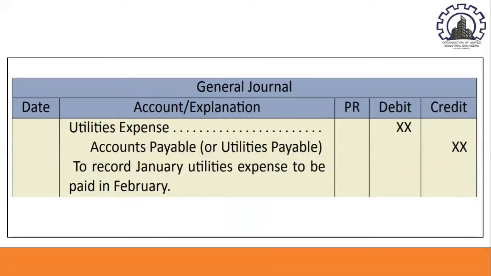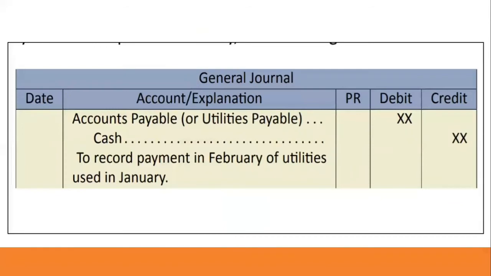So the utilities expense is reported in the January income statement. When the January utilities are paid in February, then the following is recorded, which is this one. Now, the preceding entry has no effect on expenses reported on the February income statement because expenses can also be recorded at the same time that cash is paid.